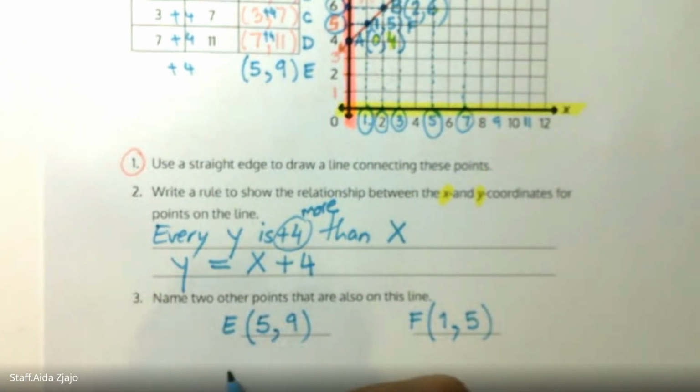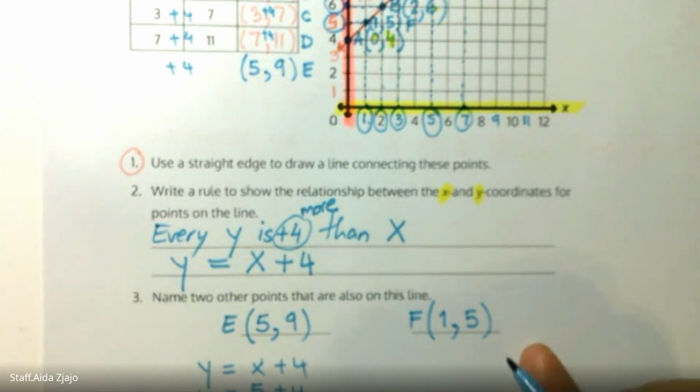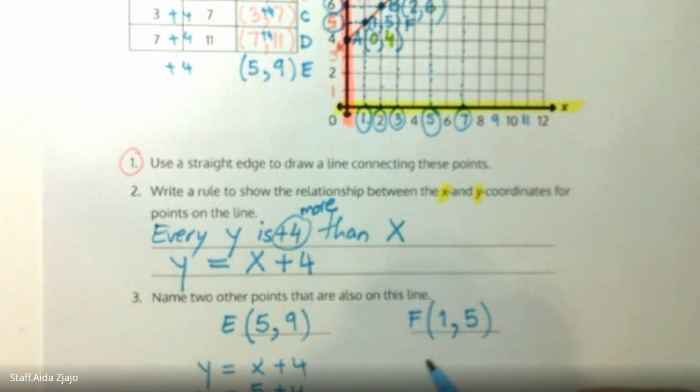And we can check, if we know x is 5, plus 4, y has to be 9. If we know x is 1 and we use the rule plus 4, y has to be 5.